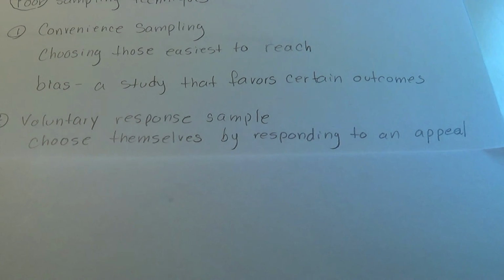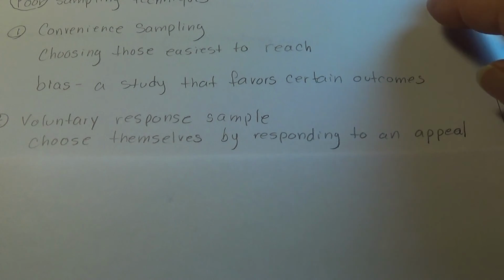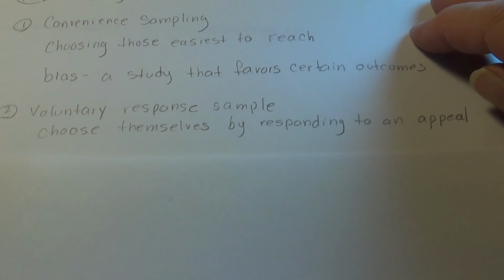Sure enough, the phone rings and I get 40 responses. But do you see that that is a biased study as well? These people were obviously opinionated and motivated to answer that question, so they must have had either a pretty high or a pretty low opinion. A voluntary response sample is often very biased, and we will avoid it.